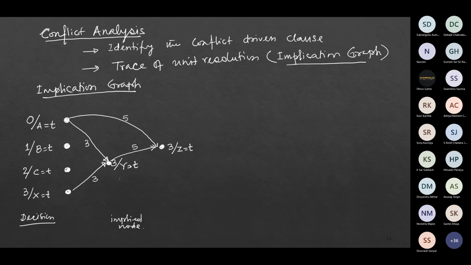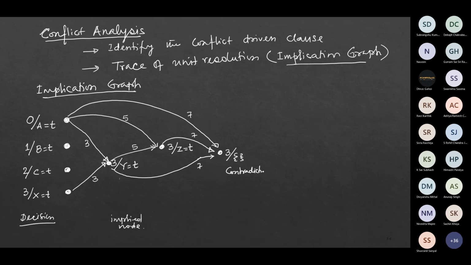Now we can use this, and of course use this, to derive the fact that at the same level we are getting a contradiction. And we are using, I think, the 7th clause to do this.